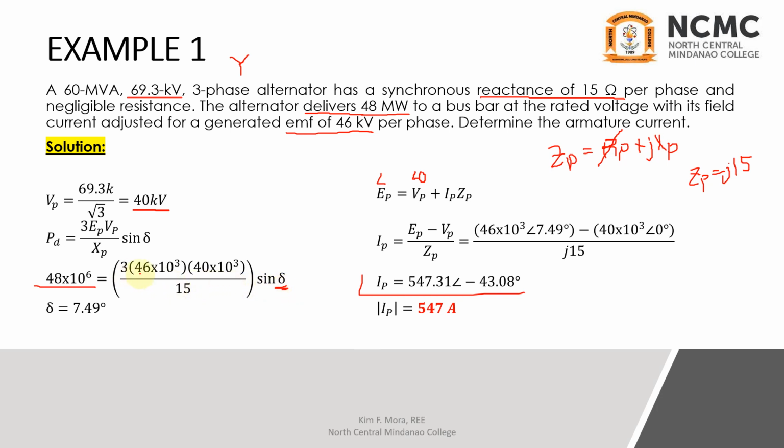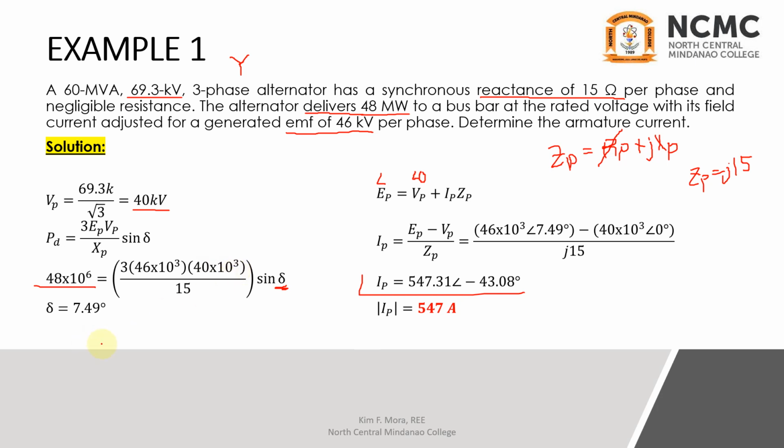After substituting the given values, we are going to solve for the angle. For the calculation, multiply 48 times 10 to the power of 6 by 15, then divide by 3, then 46 times 10 to the power of 3 and 40 times 10 to the power of 3.